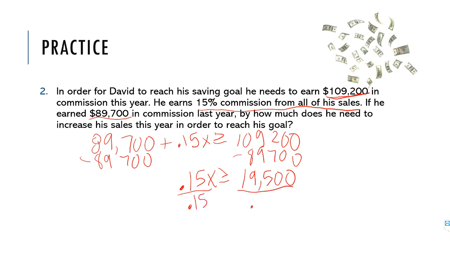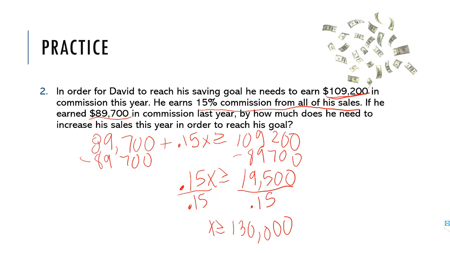Still positive, so we don't need to move the direction of the inequality. So x, or the number of sales, is greater than, that's a squiggle, is greater than or equal to 130,000. He's going to have to make a lot of sales to reach that.